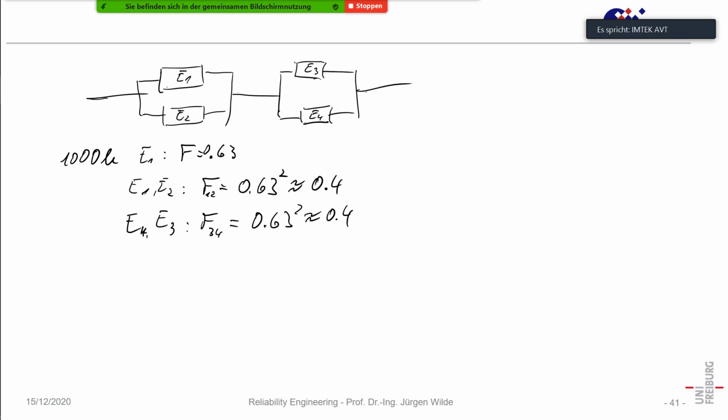It will fail when that fails or when that fails.